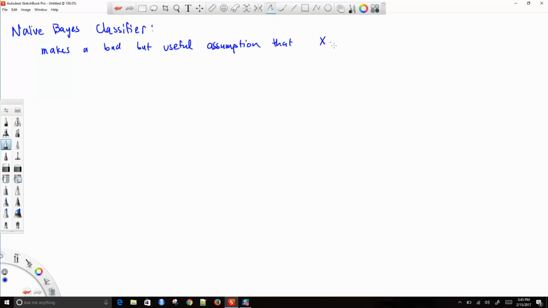That the x variables are independent. We'll say the x variables are conditionally independent.